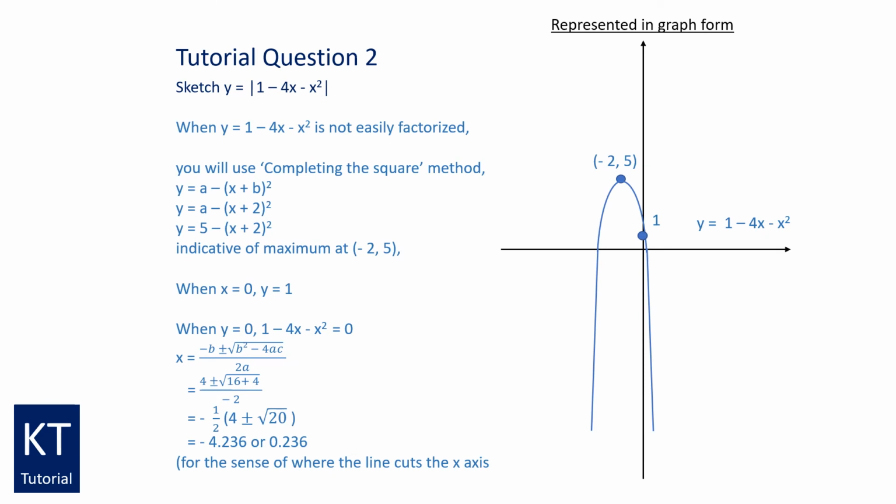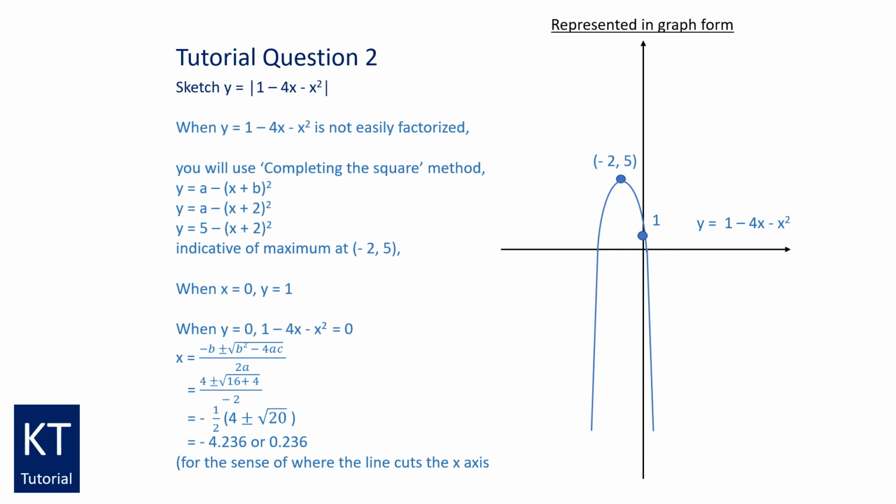As in tutorial question 1, you would start by working on the function of y without its modulus. Now, if the equation is not easily factorized, you will use the completing the square method to identify its maximum.